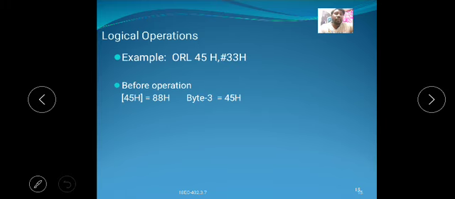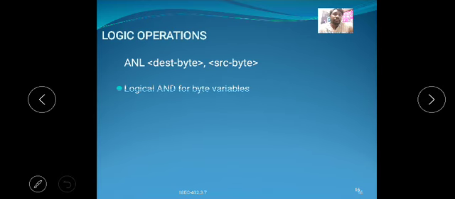Example: ORL 45H comma hash 33H. Before the operation, the memory location 45 has the content 88 and byte 3 is equal to 33H. After execution, the memory location 45H is equal to BB and byte 3 is equal to 33H.